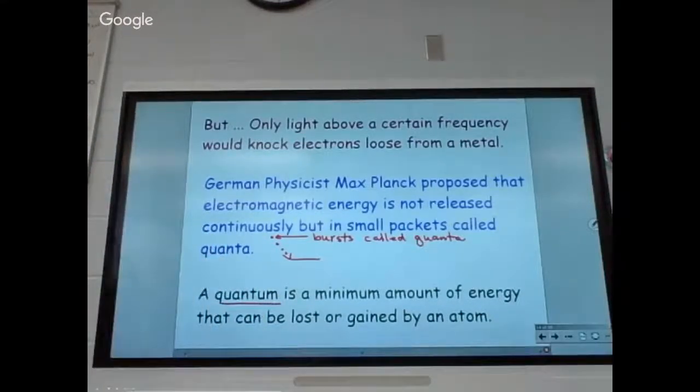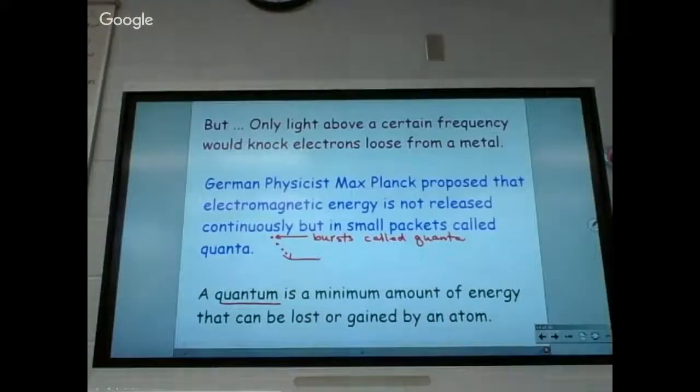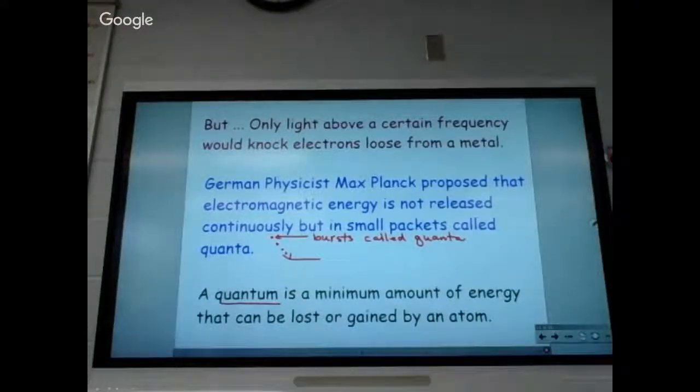The only difference. Now, a quantum is a minimum amount of energy that can be lost or gained by an atom. So those little bursts that I'm drawing up there have energy, and they possess a minimum amount of energy that can be lost or gained by an atom.